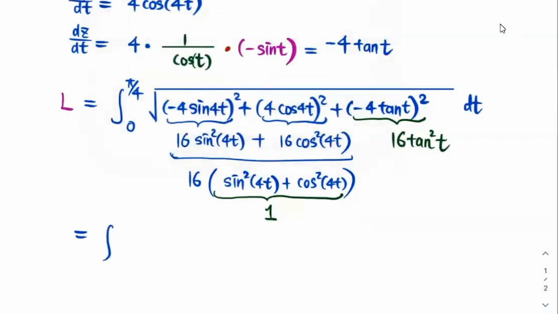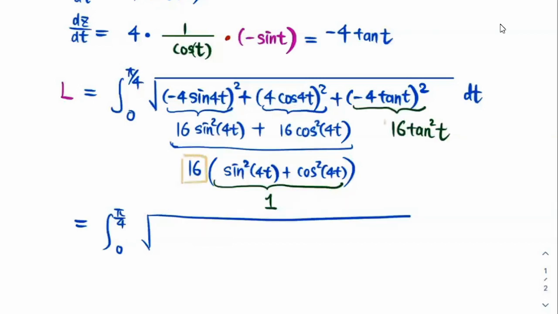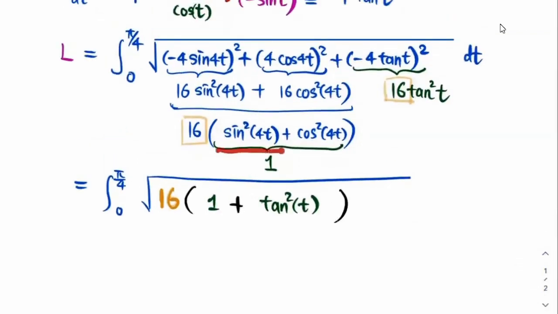So this will be the integral from 0 to pi over 4 of the square root of, now we're going to take out this common factor 16, and then in the parenthesis, after taking out 16, we have 1 plus, and after taking out 16, we have tangent squared. Now, there's another trig identity that you probably want to remember also: 1 plus tangent squared is equal to secant squared.